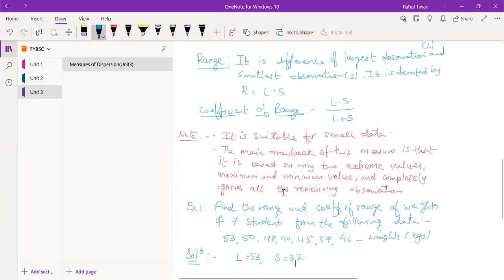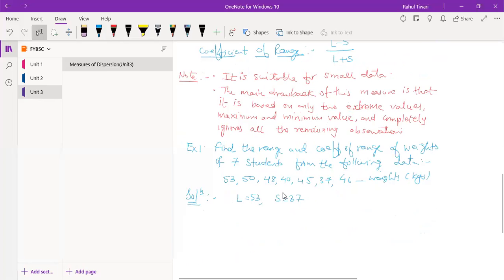So based on this, you can use a calculator and find the range. So range R is equal to L minus S, which is 53 minus 37, which is going to be 16 kg. Similarly, you can find the coefficient of range.